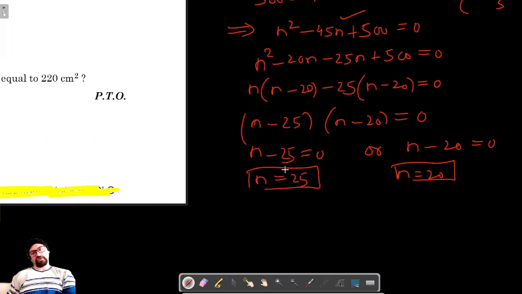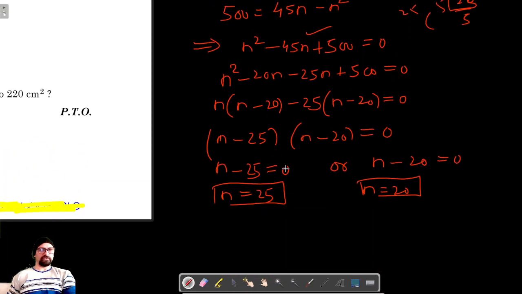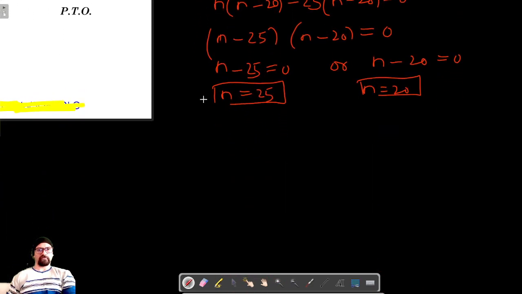Now, we cannot have both values of n for this stack of logs, so either n is not 25 or n is not 20. Let's say the number of rows is 25.